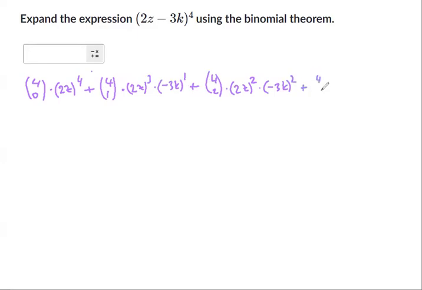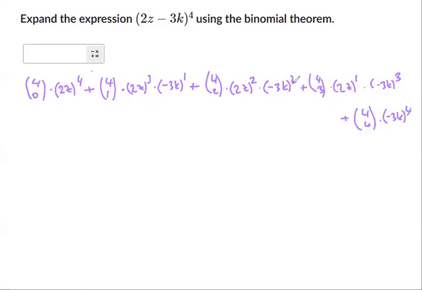And then 4 choose 3 times 2z to the first power, and then negative 3k to the third. And the last term will be 4 choose 4 times negative 3k to the fourth power.